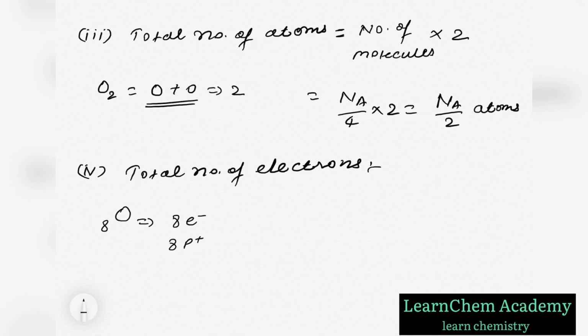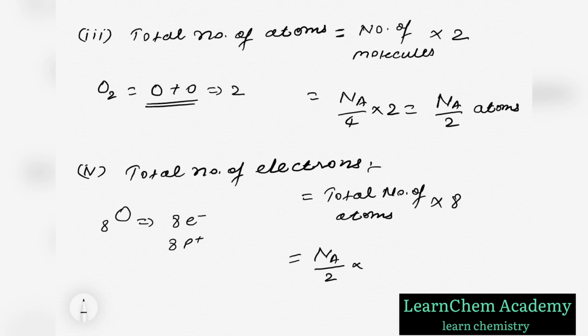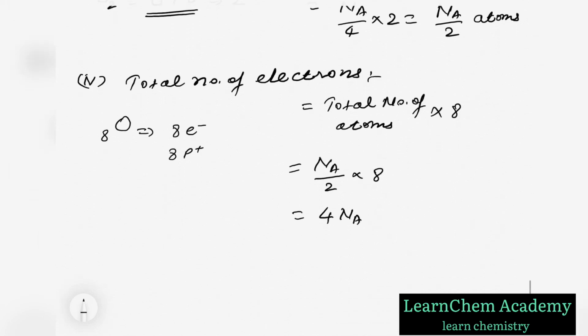So we have the number of atoms and one atom contains 8 electrons. So we can calculate total number of electrons, that is equals to total number of atoms into 8. So we have total number of atoms is Na by 2 and number of electrons is 8. So we will get here 4 Na is the number of electrons. So 4 Na electrons we have.